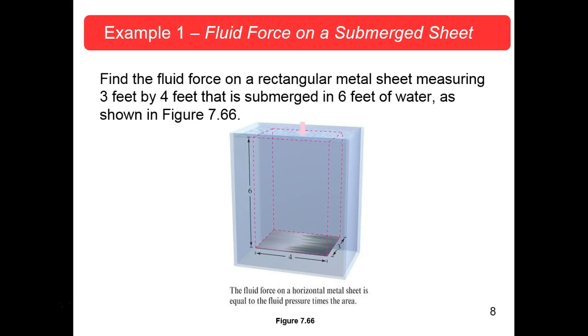I was trying to find it. I thought that gray area there was it. No, the sheet of metal is down here, 3 feet by 4 feet, submerged flat in this tank of water. Number one, 6 feet of water, so from the surface down here is 6 feet.